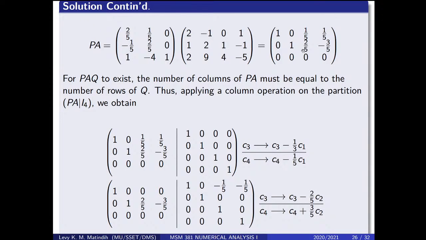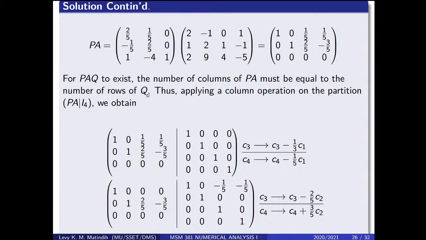If you look at this product, we have 1, 2, 3, 4. Since we have 4 columns in the product PA, the number of rows of matrix Q will be 4, and its number of columns will follow suit. It will be 4. So in short, Q is going to be a 4 by 4 matrix.